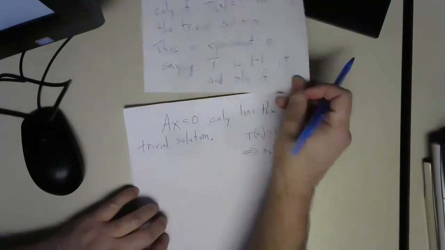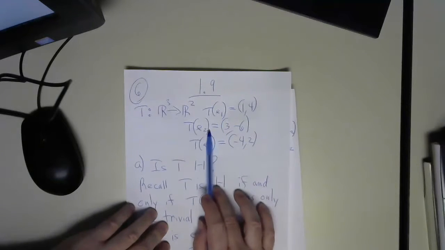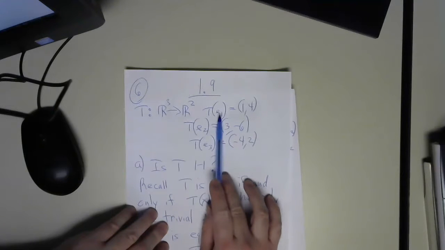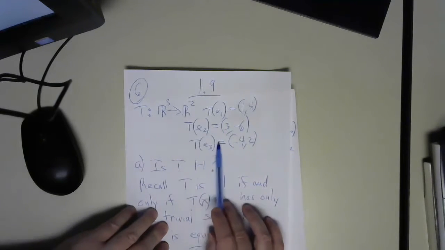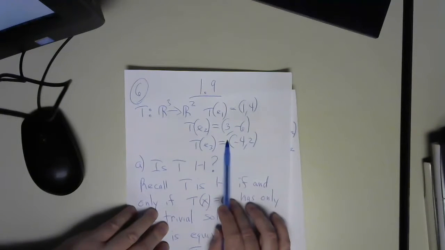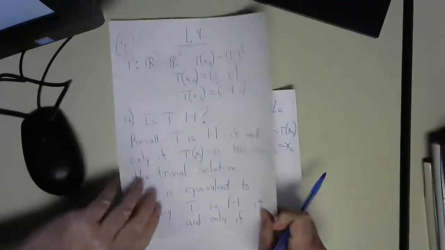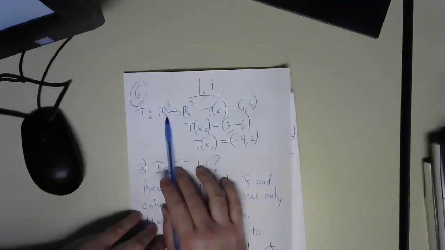And notice, by the way, that they do give us the images of the columns of the identity matrix in R3, because that's the first column of the identity matrix in R3, that's the second column, and so on. And you might recall from the last problem I did that you can always get the standard matrix just by taking the images of the columns of the identity matrix in Rn, in this case R3.